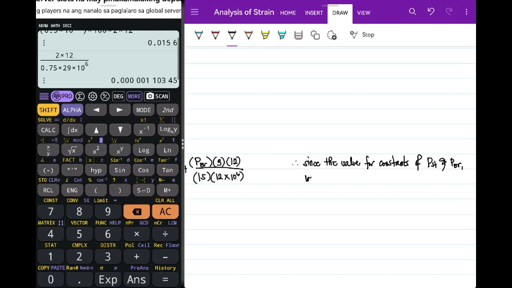That is why it will be written here in the video that it is always best to eliminate the times 10 to the negative 6 in the denominator.